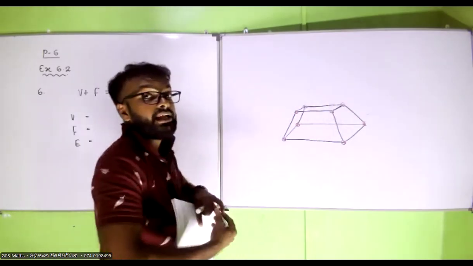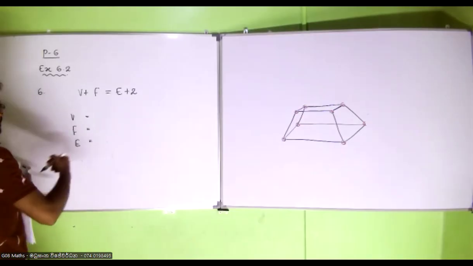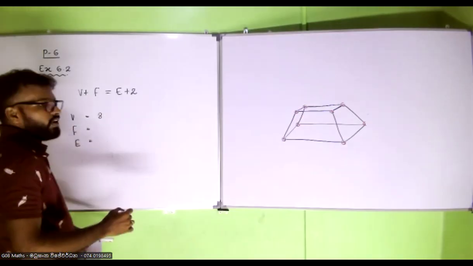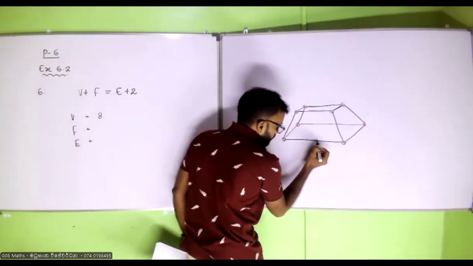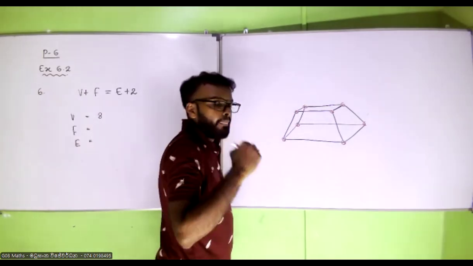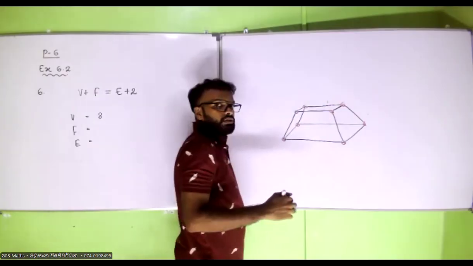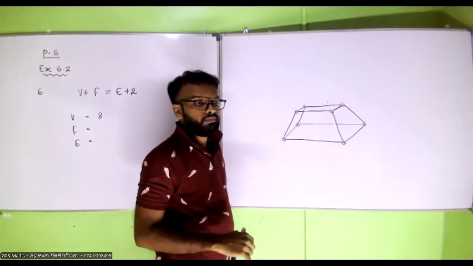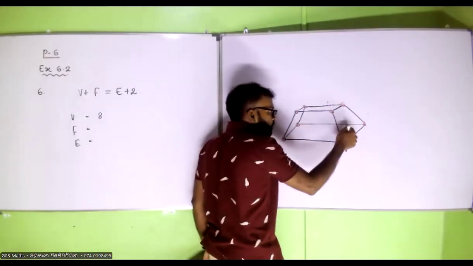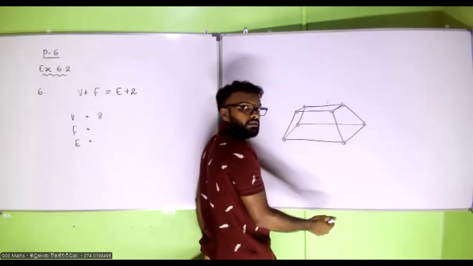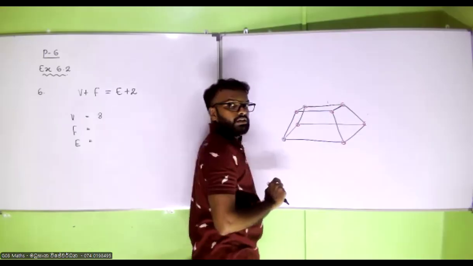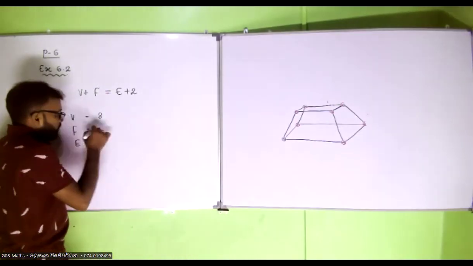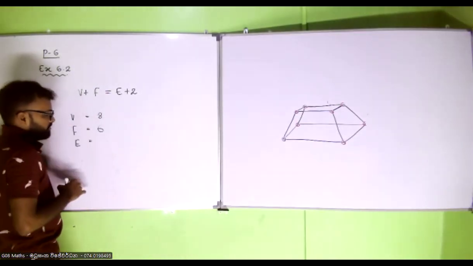So there are 8 vertices. Faces: below I have 1, top I have 1. So 1 plus 1, 2. Here I have 3, 4, back 5, there, around this 6. So altogether we have 6 faces.